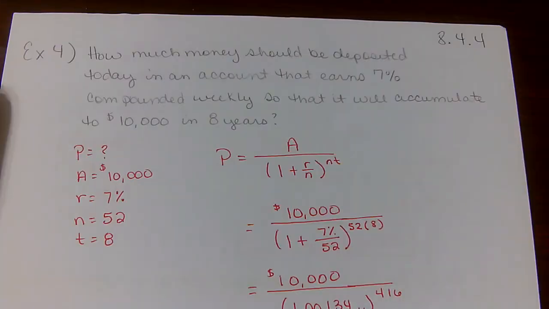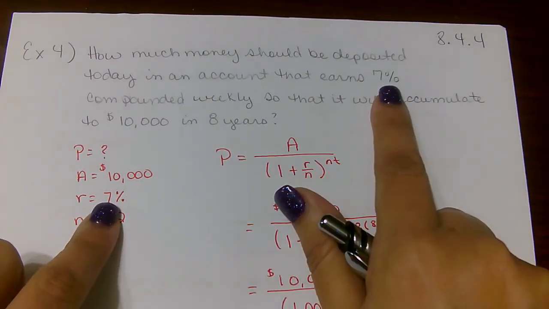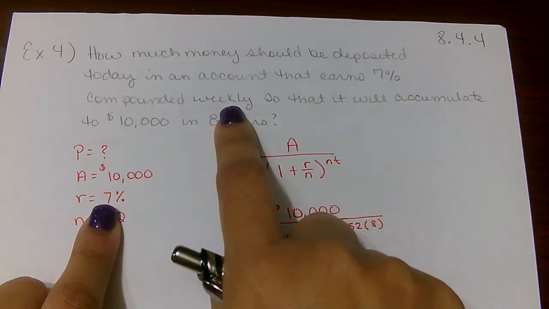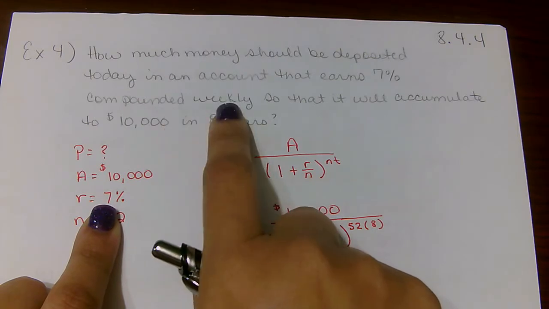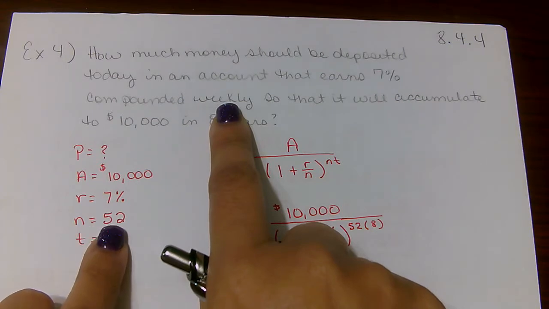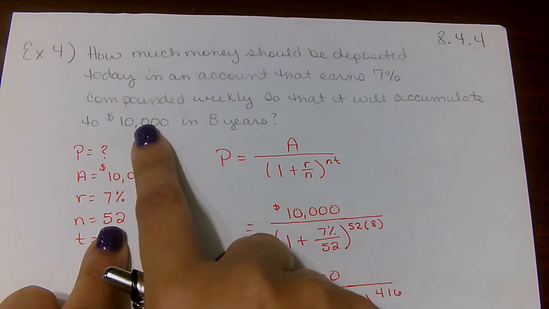How much money should be deposited today if the account earns 7%? That's going to be my R. Compounded weekly. We need to determine how many times it will be compounded in a year. Since there are 52 weeks in a year, we can say that n is equal to 52. So that it will accumulate $10,000.